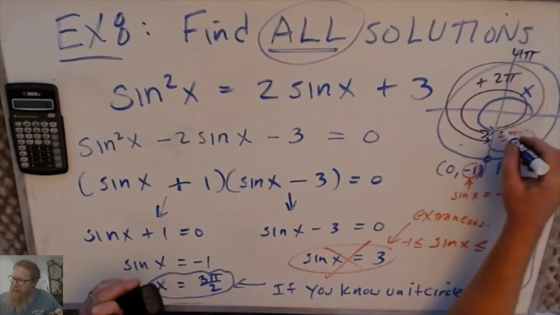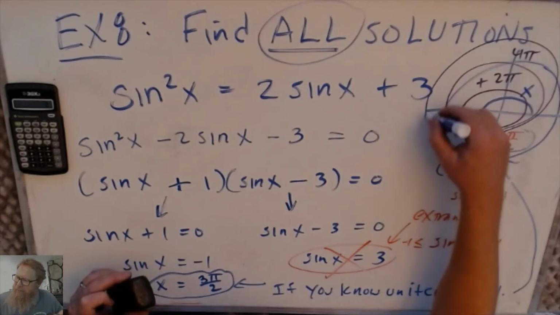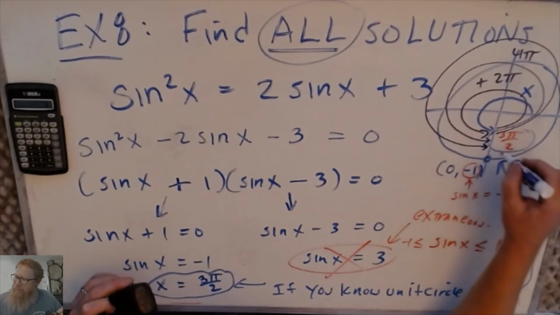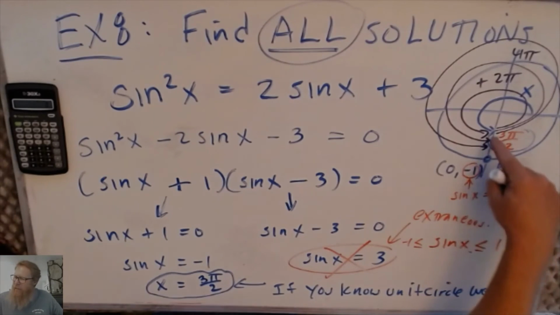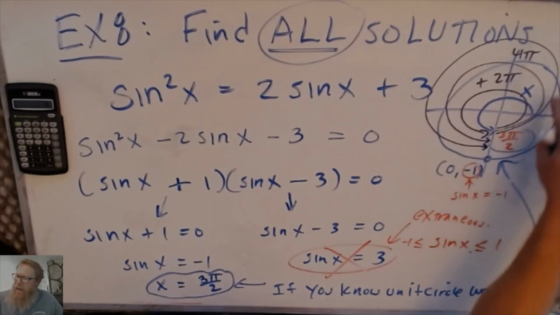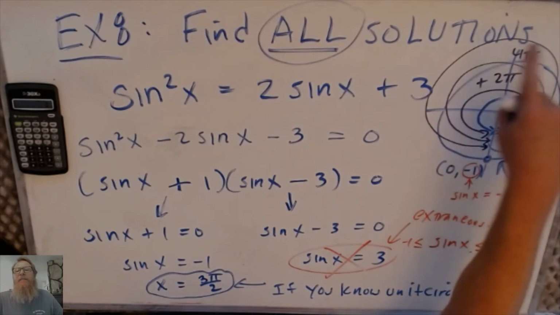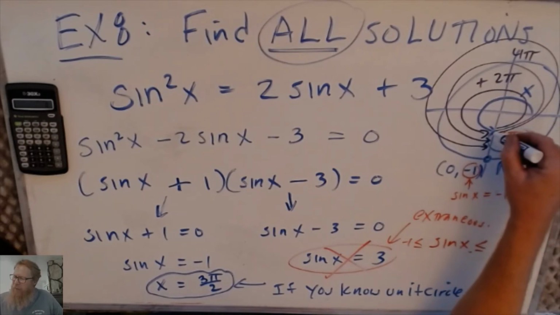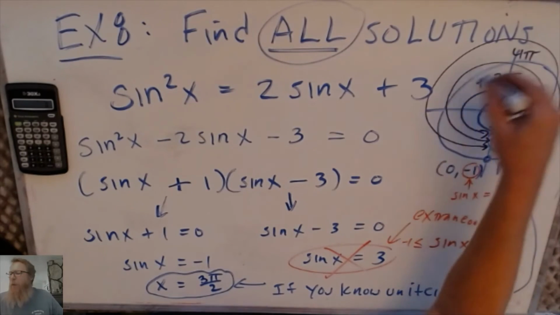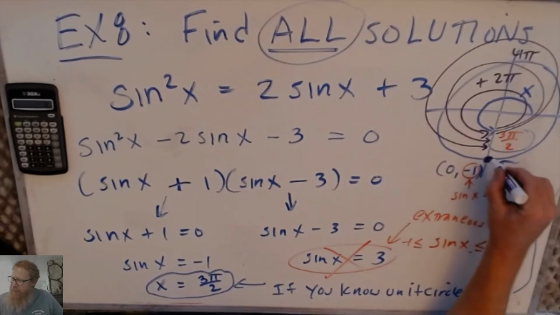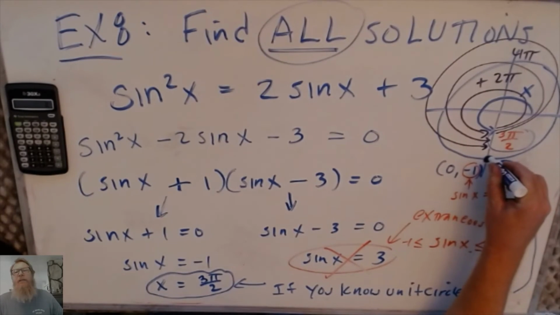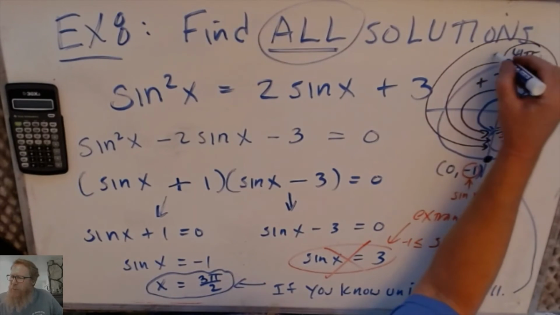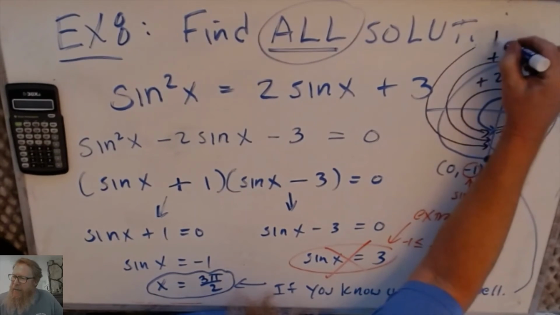I could go around 2 pi as many times as I like. So 2 pi would be going around 1 time, 4 pi would be going around twice, and that would always get me back to this same point. So any multiple of 2 pi.